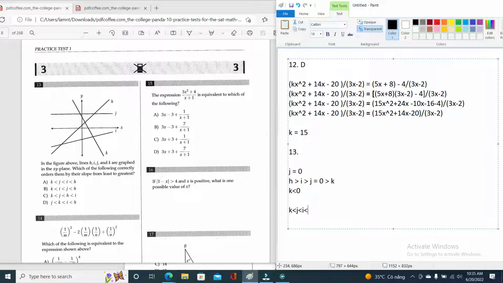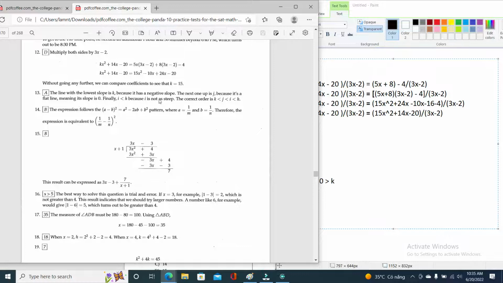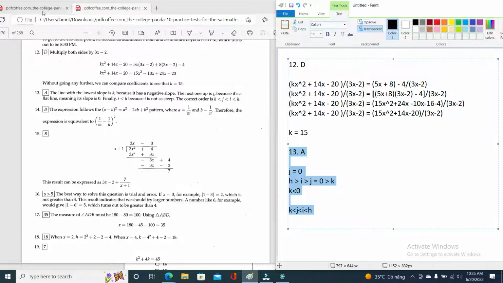No, that's something wrong. h is bigger than i, i is bigger than j, and j is bigger than k. Okay, that's correct. And k has to be less than j, less than i, and less than h. So k, j, i, h, so 13 is A. Alright.